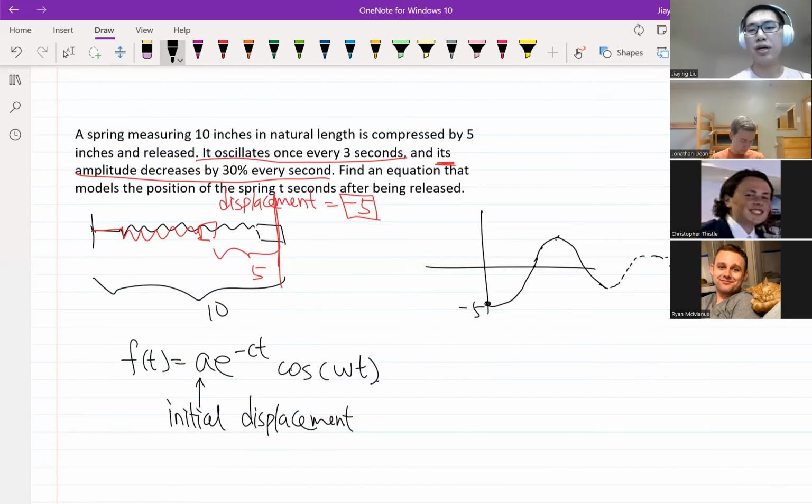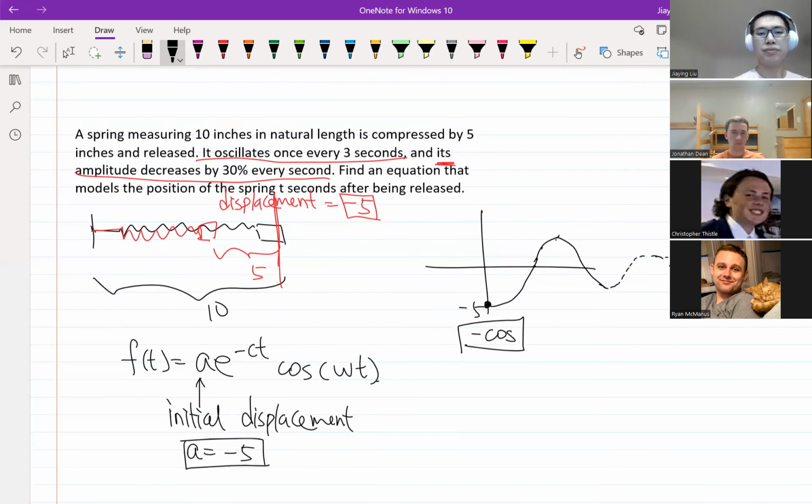But because it begins at the lowest point and is going up, the spring displacement goes from the lowest point, -5, and increases towards 0. So I'm going to consider this a negative cosine function. And I'm going to say a is negative, because that resolves both issues: the initial displacement being 5, and the negative cosine function.